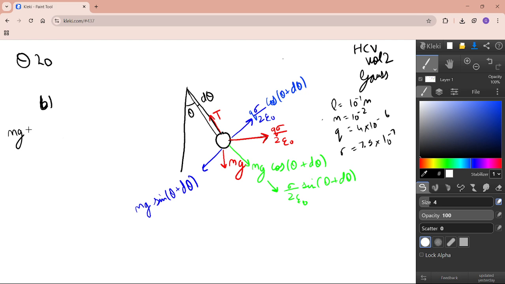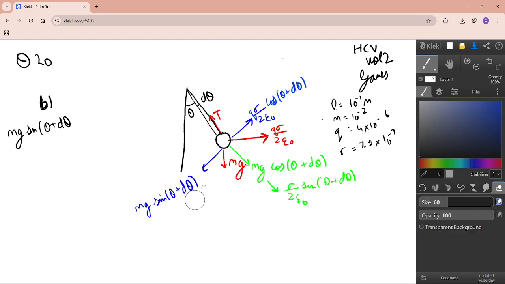Okay, I'll do this. mg sine(theta plus d theta). So yes, theta is increasing, so the sine theta value is increasing and the cos theta value is decreasing. So a fair guess is that this value would be greater than this value, but it doesn't matter until the end.